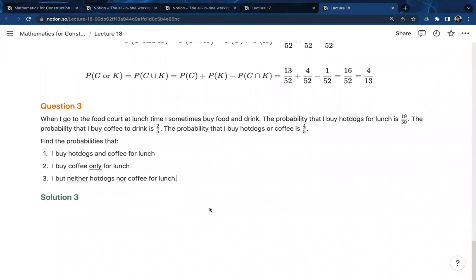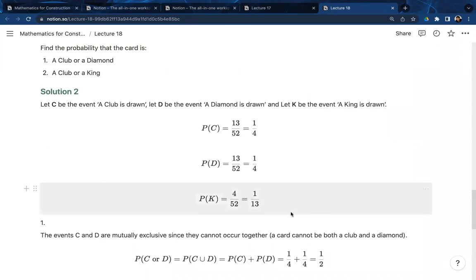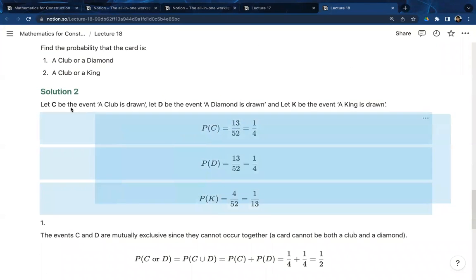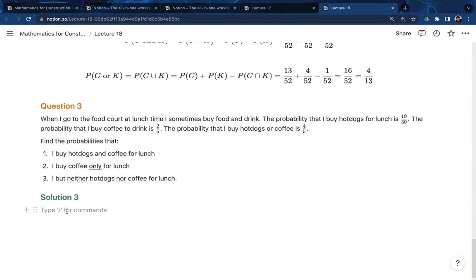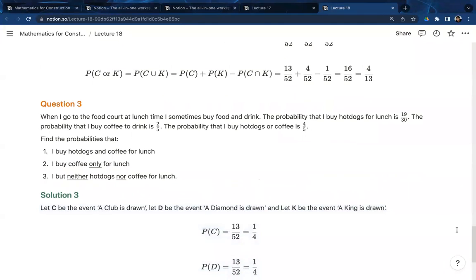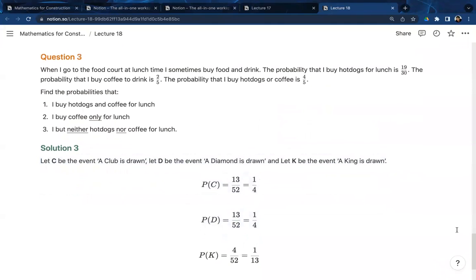So we start off with the usual statements. We could say here, H be the event I buy hot dog.